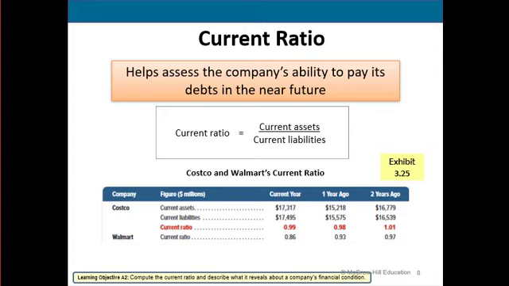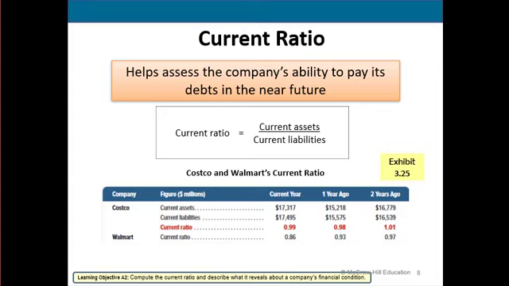But in any of these years, it looks like they're doing a little bit better as far as current ratio than Walmart is. So if you had to say which of these two would be better in terms of being able to pay their bills, you'd have to say Costco's a little bit better, but these are so close that it's probably not going to make much difference.